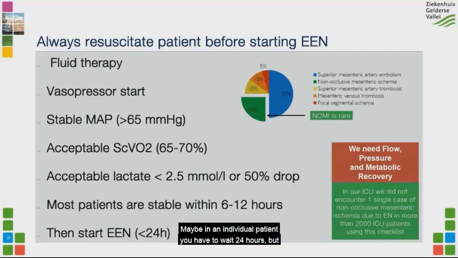Maybe in individual patients you have to wait 24 hours, but in almost any patient you can start with vasopressors, early enteral nutrition within 24 hours, so meeting the definition of early enteral nutrition. And we did not see any patients with non-occlusive mesenteric ischemia in our unit when we used these guidelines.